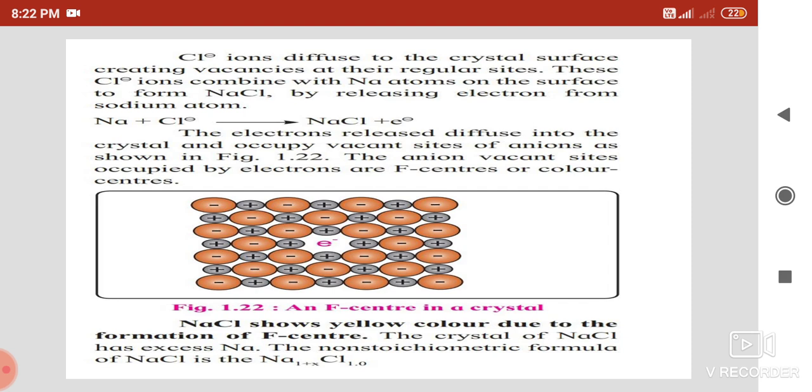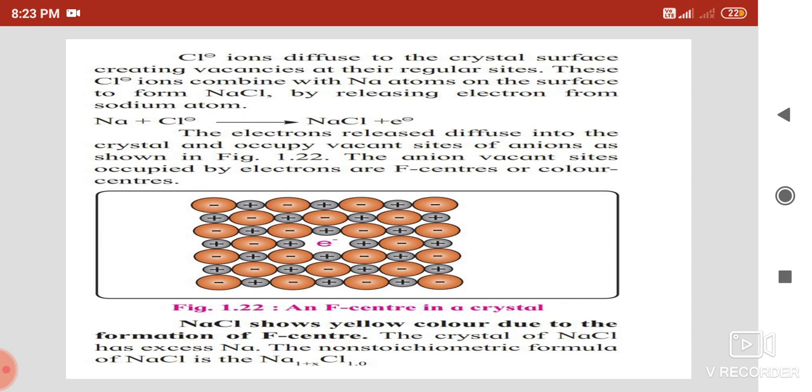So NaCl, that is sodium chloride, shows yellow color due to the formation of F centers. The crystal of NaCl has excess Na, and the non-stoichiometric formula of the NaCl is Na(1+x)Cl.